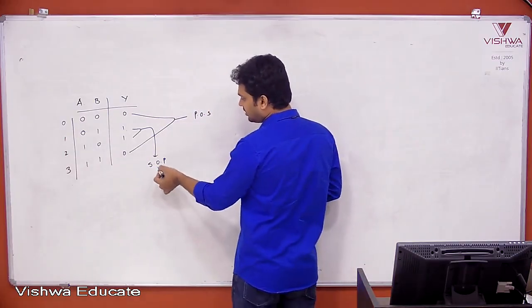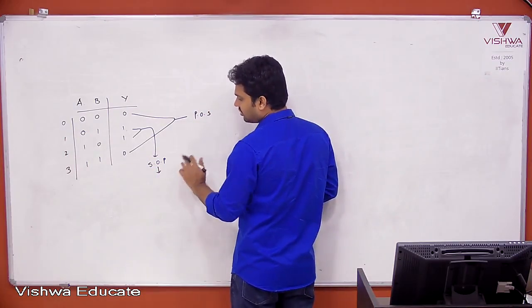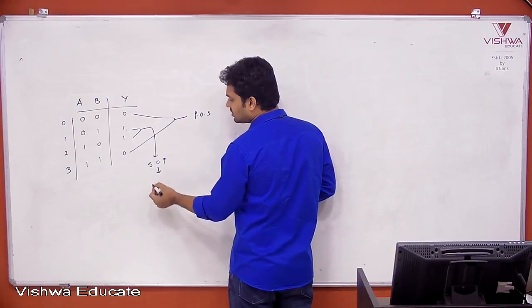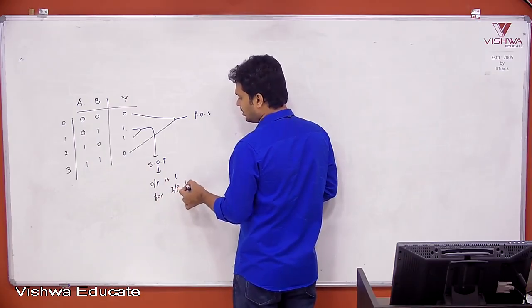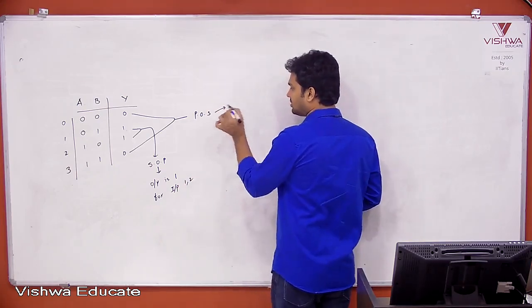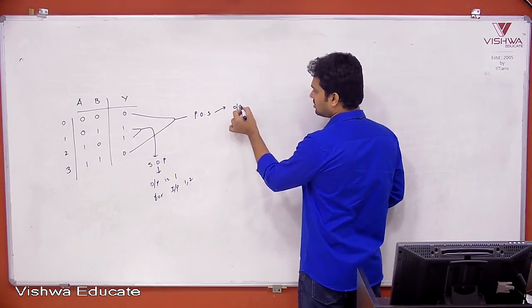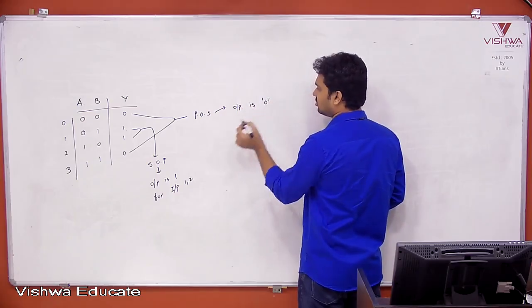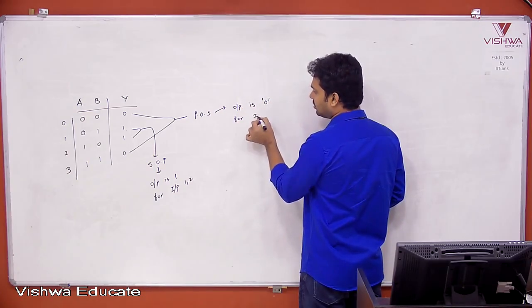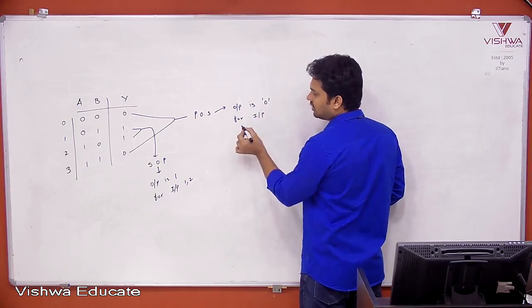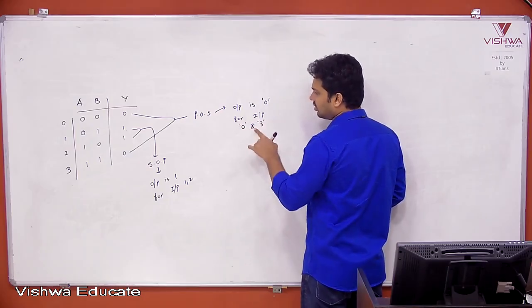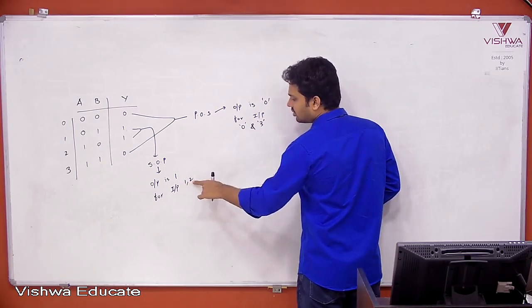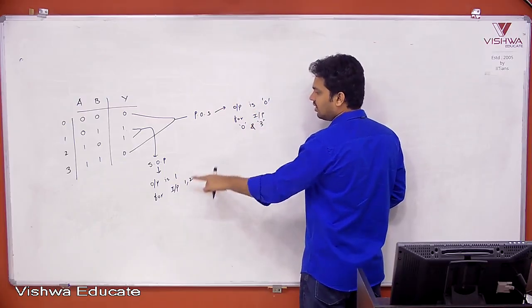In the English statement, you can say my output is 1 for input 1 and 2, or you can say output is 0 for inputs 0 and 3. When the input is 0 or 3, output is 0. When the input is 1 or 2, your output is 1. You can say it in this way or in this way.